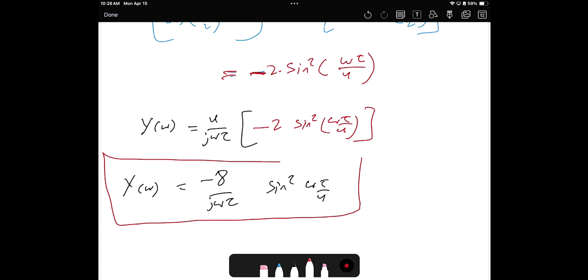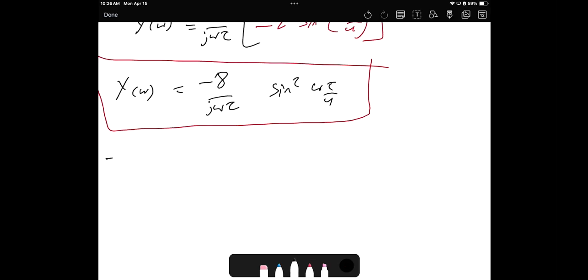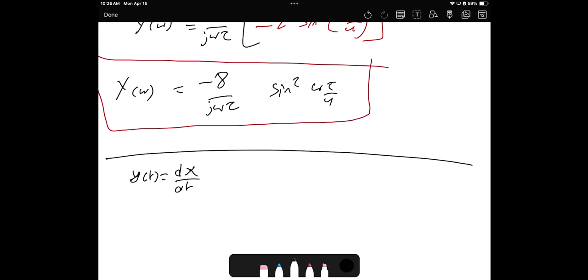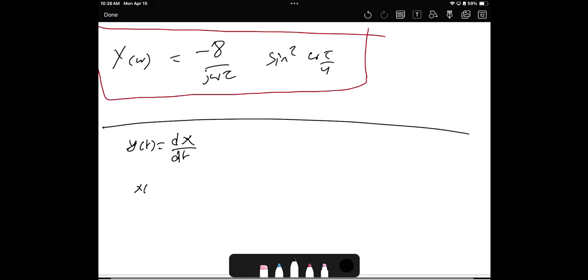But I'm not done yet, because this is y. I need to calculate for x. How can I calculate x? We call y of t equals dx by dt. Therefore, x of t will be the integral from negative infinity to t of y of τ dτ.